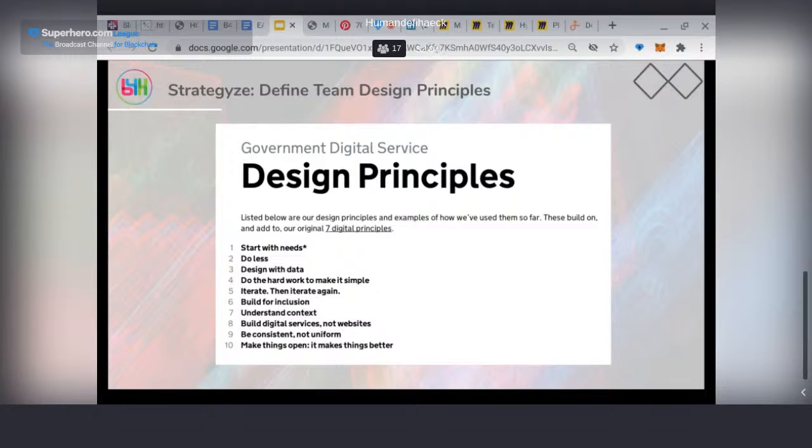Okay, when you're lost, you just see your design principles, you remind your team what they are, so then it will get easier to take any decision.